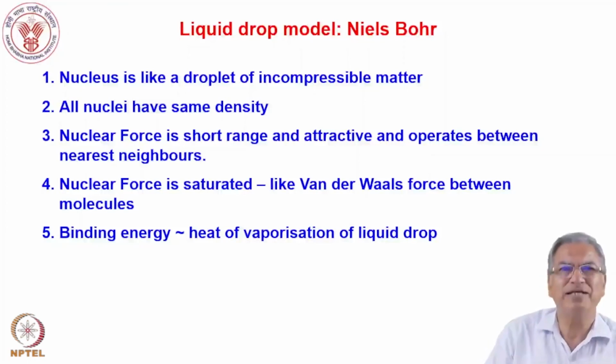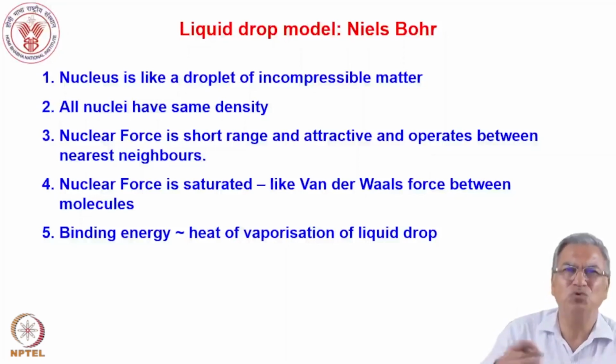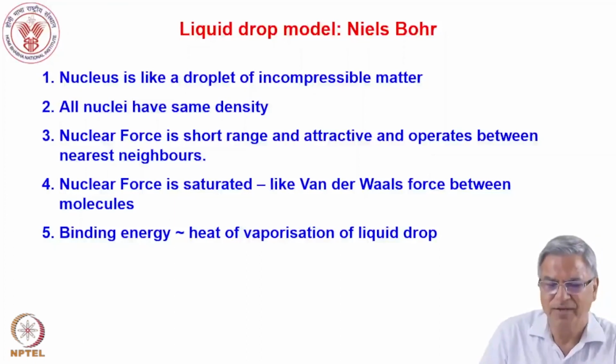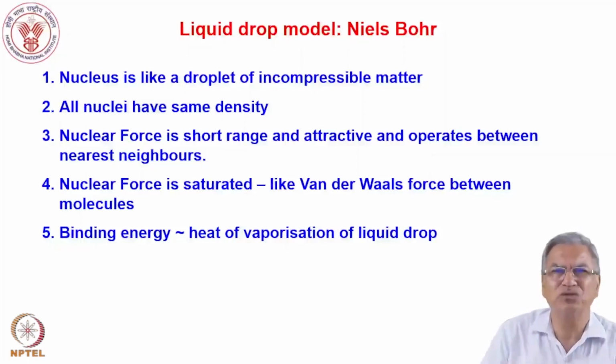But actually the binding energy per nucleon is constant, which means the nucleons interact only with those in their immediate vicinity. It is attractive, of course: if you want to break the nucleus into its constituents, you have to supply energy. So the nucleons are tightly held together, by a force which works at a very short range.